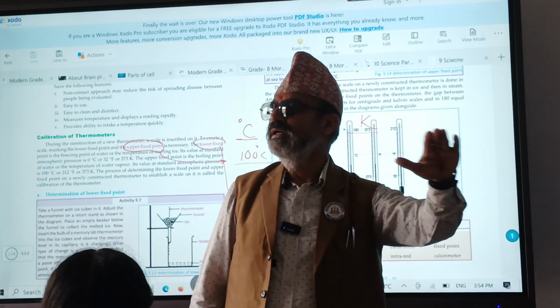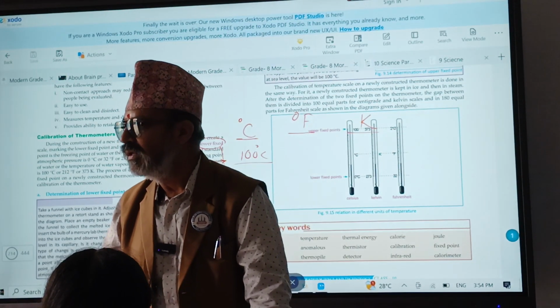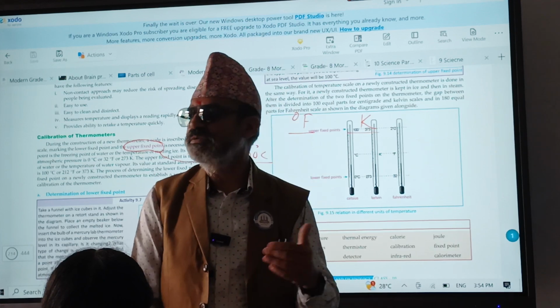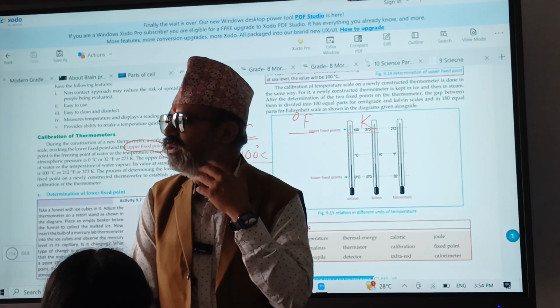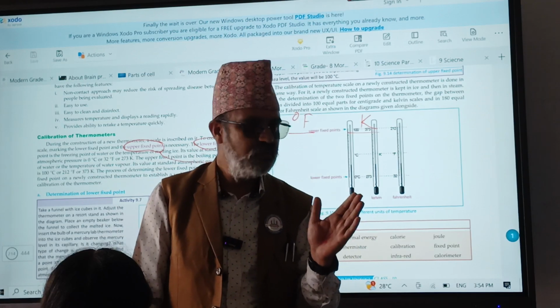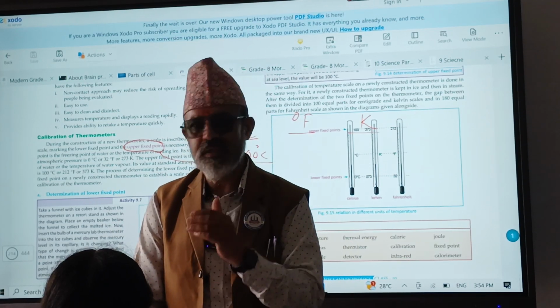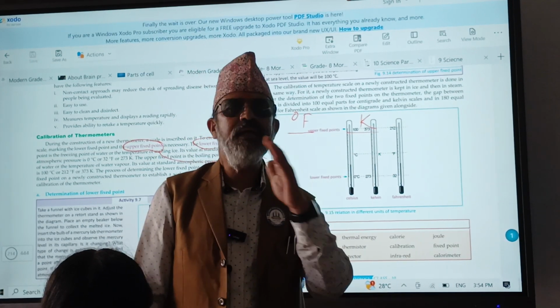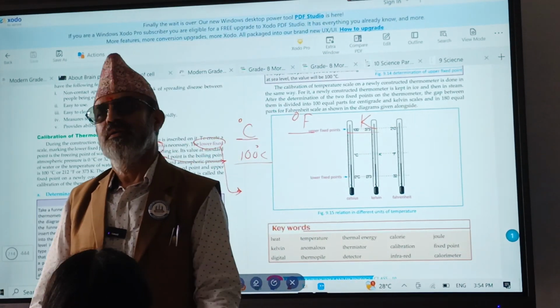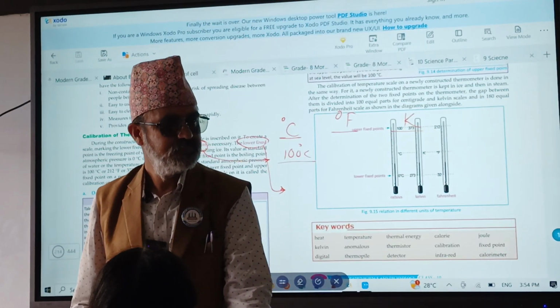Water boils at 100 degrees centigrade at sea level, because the atmospheric pressure is higher there. What is the value? 760 mm of Hg. But in Kathmandu, at which temperature does water boil?